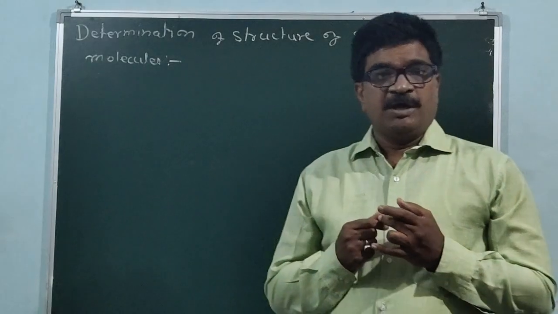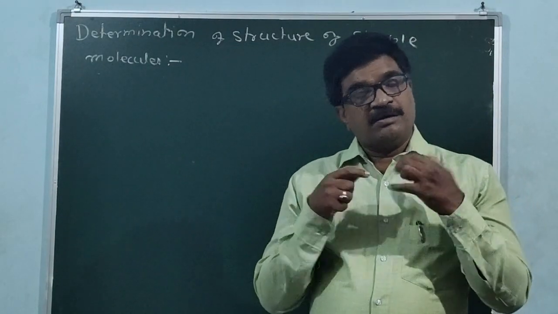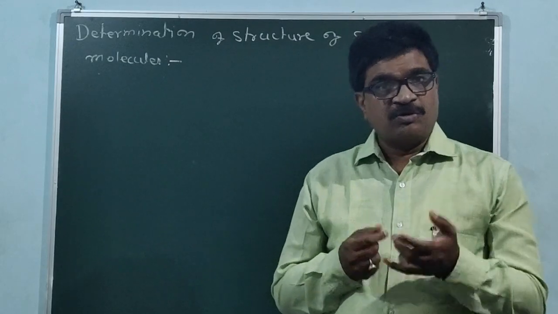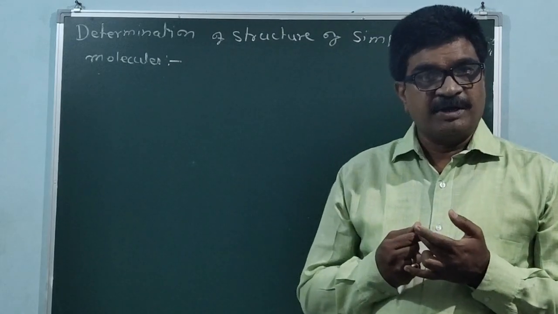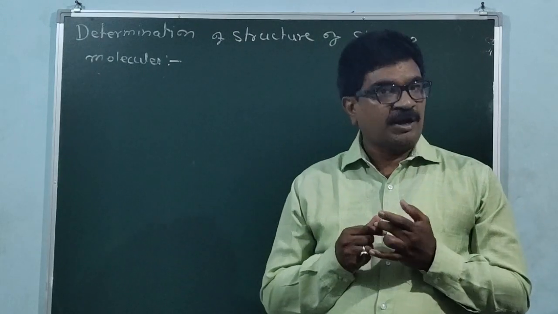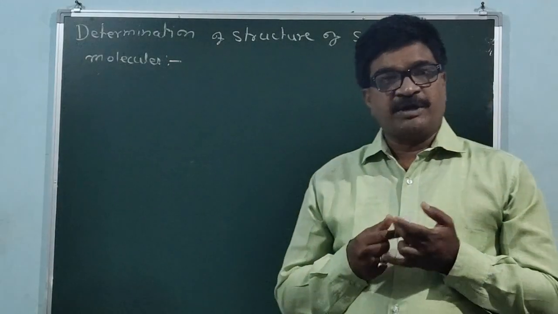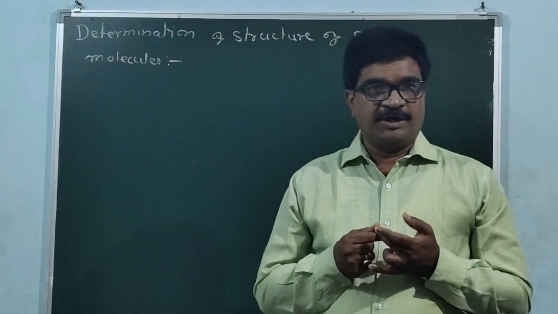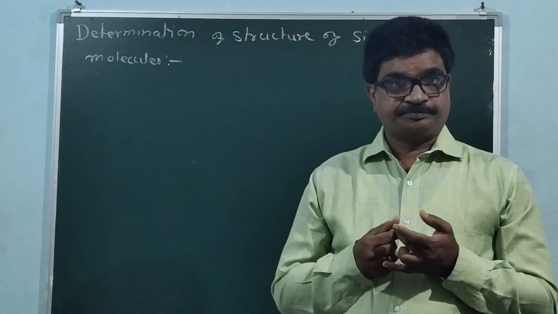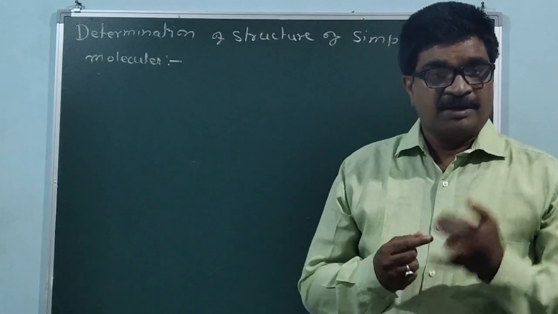Rule number 2: if the central atom is surrounded by both lone pairs as well as bond pairs, then the geometry of the molecule no longer remains regular. Rule number 3: if the electronegativity of the bonded atom goes on decreasing, then the bond angle goes on increasing.